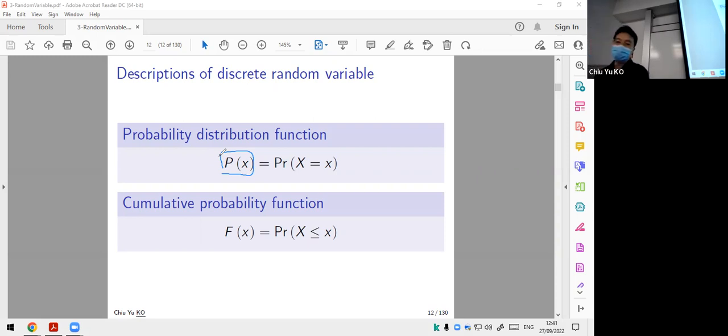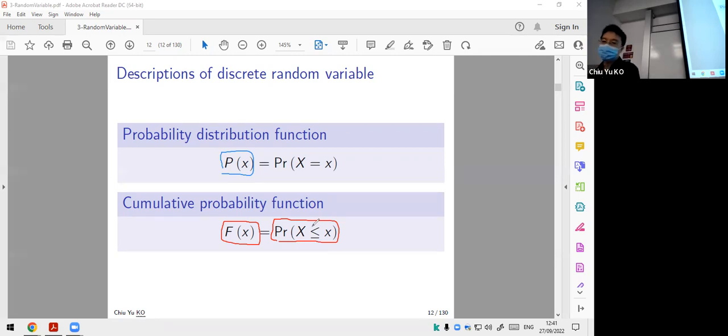The only thing that is slightly more challenging in terms of concept is what we call the cumulative probability function. Okay, that is basically the p, but adding everything before the value of x. Okay, you would probably ask why we care about this. It's not immediately clear why we care about this when we talk about discrete.